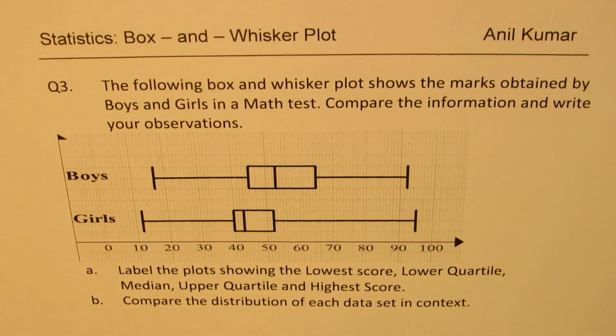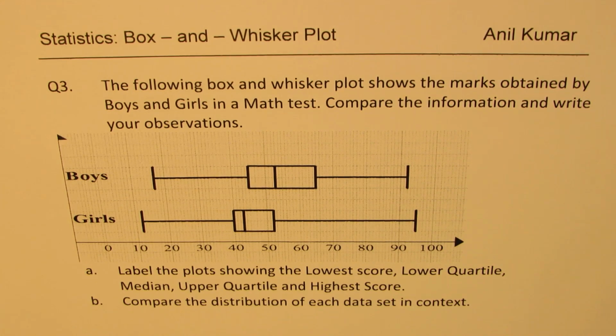Here is the summary. Question number 3, you need to compare the two box and whisker plots. Now you need to utilize all the vocabulary learned so that you could actually explain the two boxes clearly and also compare them.